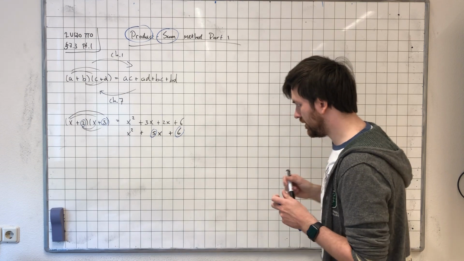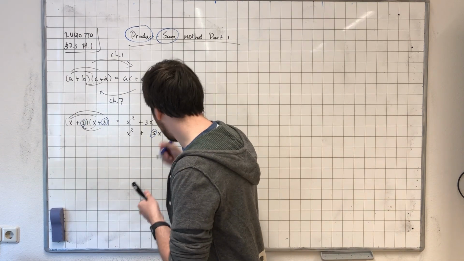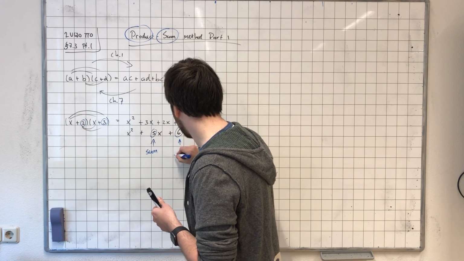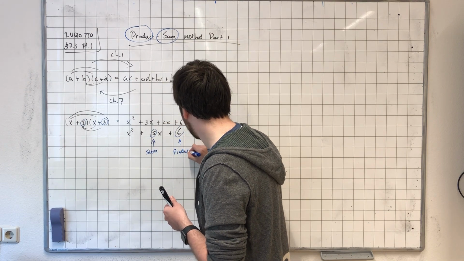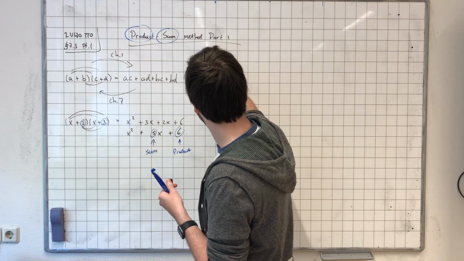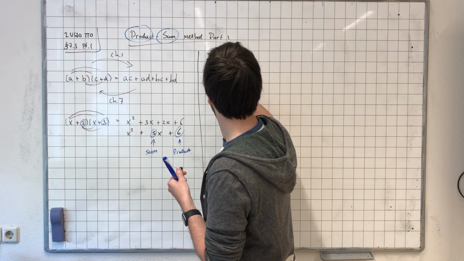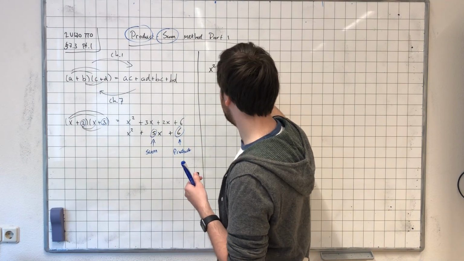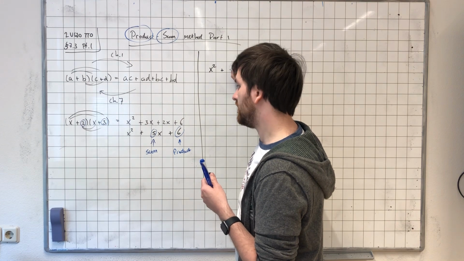Let's try that. So this over here is the sum. This thing over here is the product. Hence the product sum method. But what if I give you, let's say, x squared + 7x + 12, let's make it not too hard.